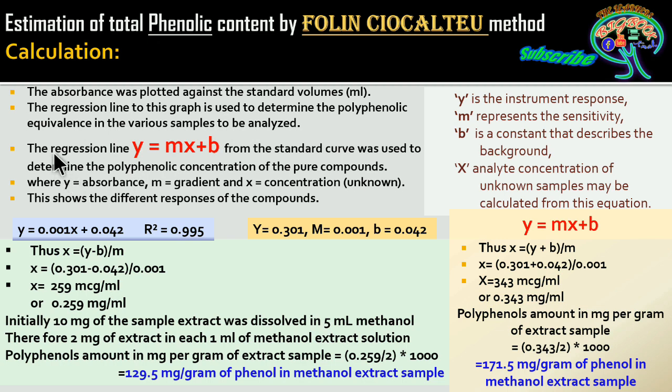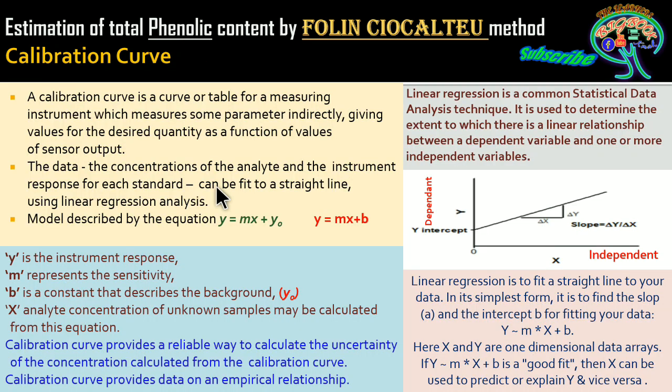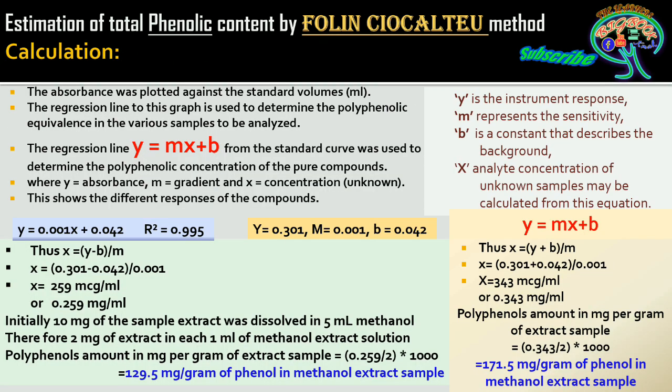The regression line, as we have discussed, is used to determine the polyphenols concentration of the pure compounds, where y is equal to absorbance, m is equal to gradient, as we have said in the slope. Whatever the gradient has been determined, that value will be considered, and x is equal to concentration of unknown to be quantified, and this shows the different responses of the compounds.